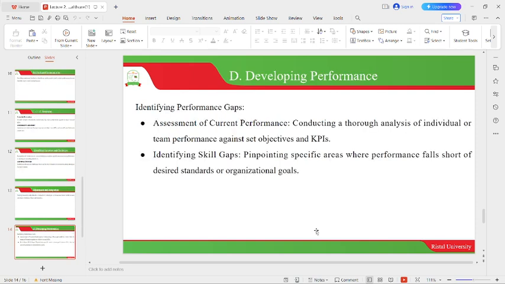Then the next stage in the performance development cycle is developing performance. Now, you have planned, you have monitored, you have reviewed. Now we are going to develop the performance of the employee. So one activity you need to perform here is to identify the performance gaps. The performance gaps are the weaknesses measured against the set standard.